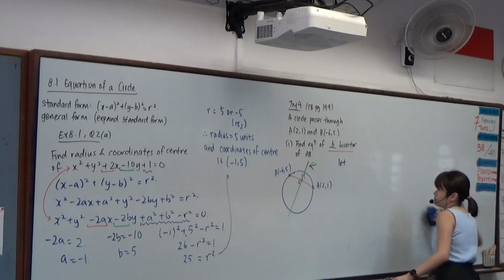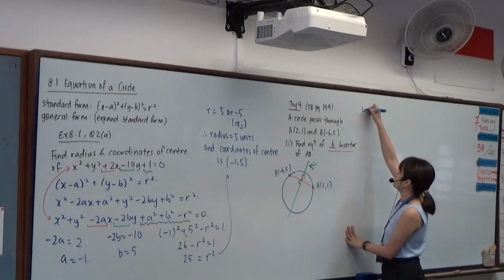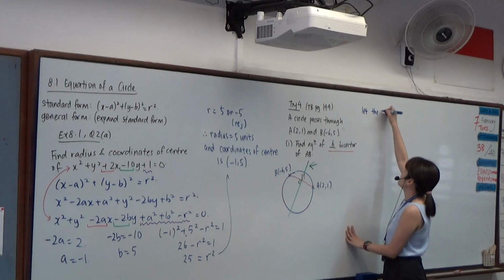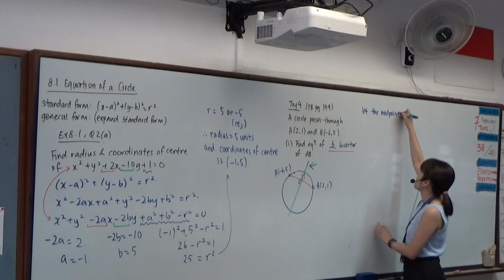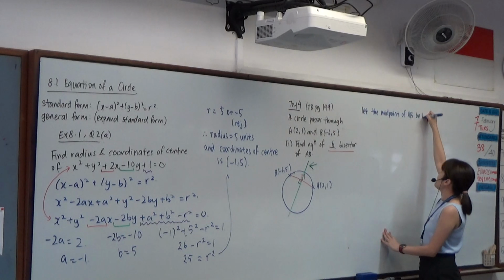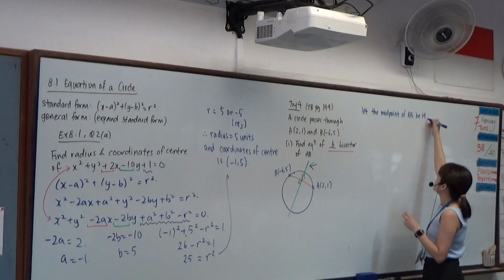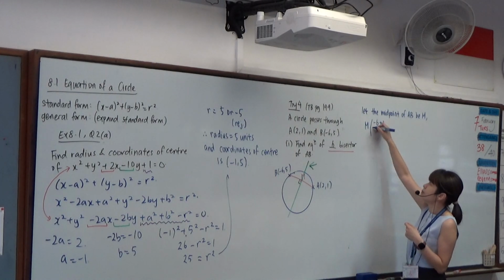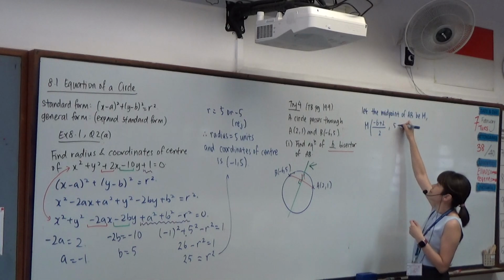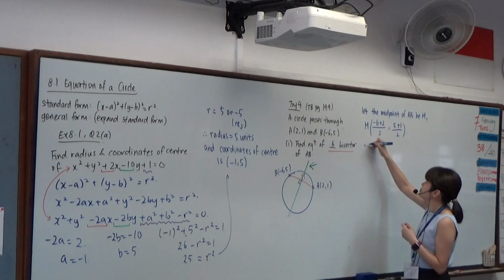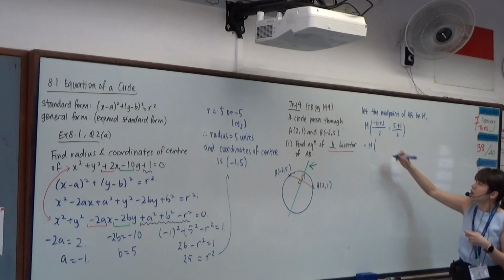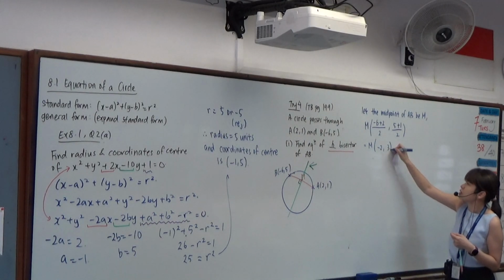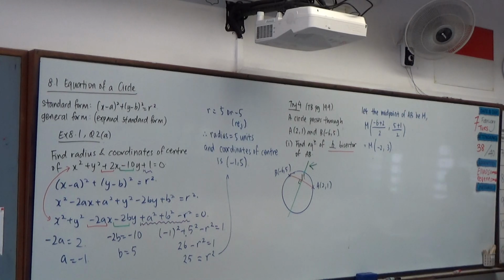Let the midpoint of AB be M. So M will have the coordinates (-6 plus 2) over 2, comma (5 plus 1) over 2. And we find that the coordinates of M would be (-2, 3).